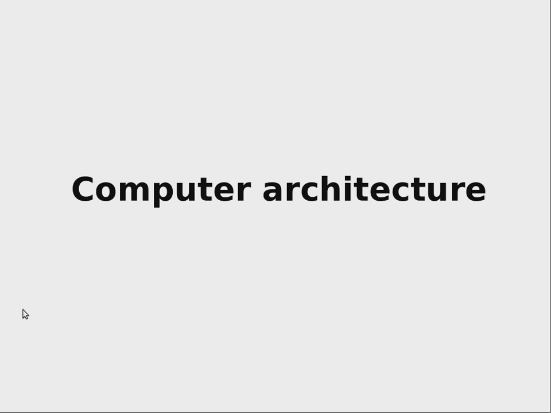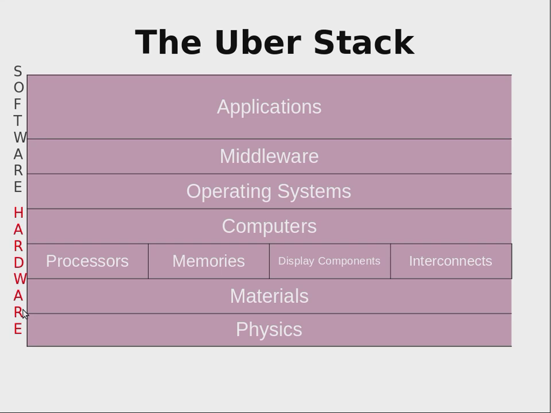So now about computer architecture. This graph here represents the layers of abstraction in how we interact with computers. All computers are built using some physical phenomena which allow us to handle different kinds of numbers in general.